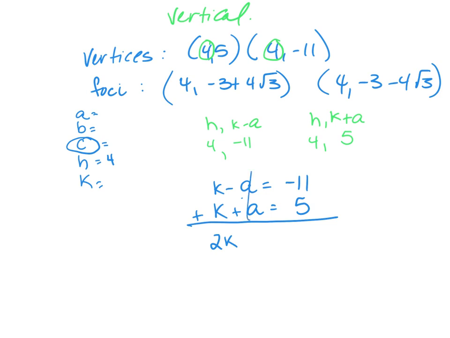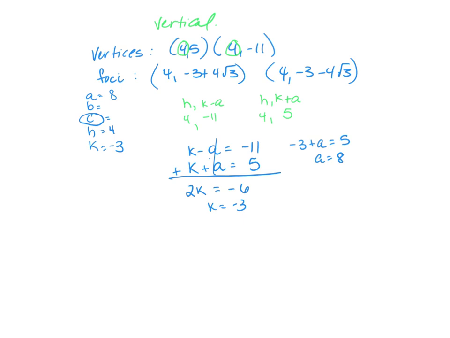Bite the dust. Equals negative 6. So K equals negative 3. So I already know K, right? Now I plug that in here. So I do negative 3 plus A equals 5. A equals 8. Does everybody understand why A equals 8?